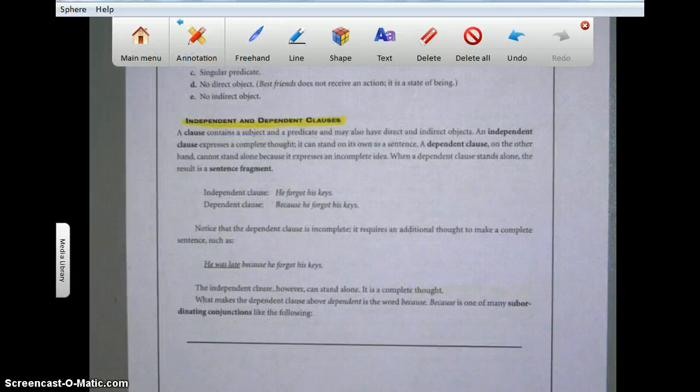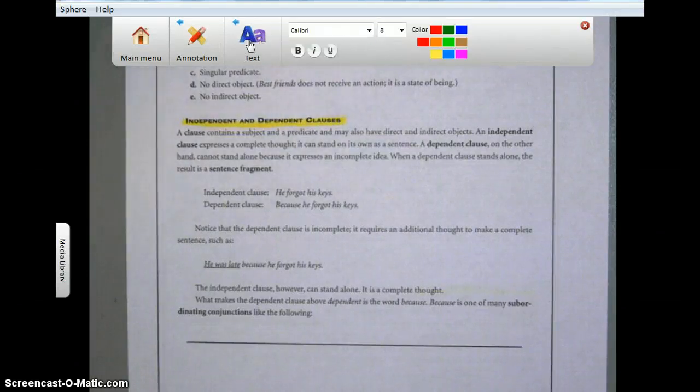Alright, we're looking at independent and dependent clauses. The independent clause is something that can stand on its own. A dependent clause is something that has a subordinating conjunction. Those include although, after, as, while, when, before, because, unless, until, if, and since.